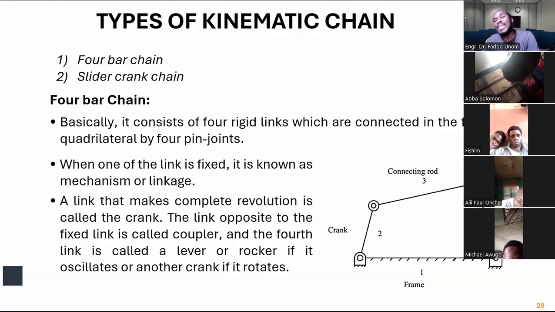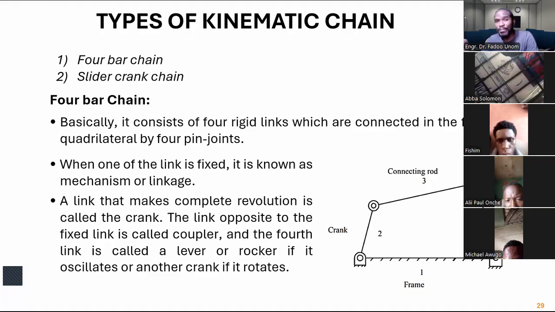Then there is another link that is opposite to the crank that is allowed to move back and forth. It exhibits something like simple harmonic motion, right? So it goes back and forth, and that link is called the rocker.